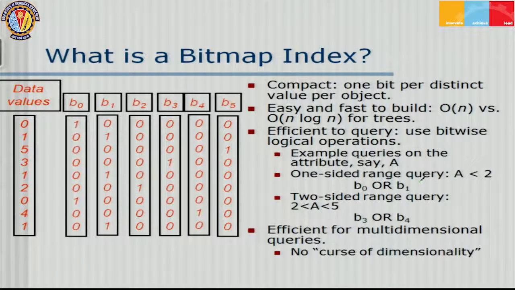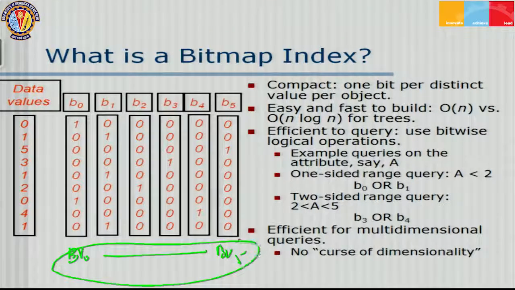So there are 6 values, so 6 bitmaps or bit vectors, as we call them, are created, and the collection of bit vectors is a bitmap. Each one of them is a bit vector, from bit vector 0 up to bit vector 5, and these are collectively called a bitmap index.